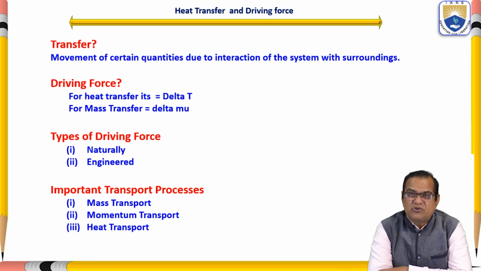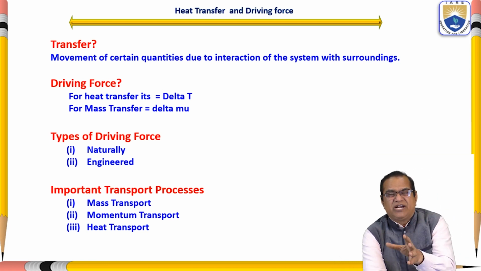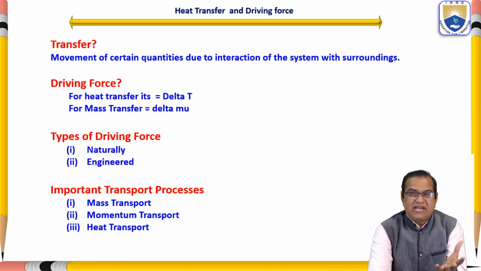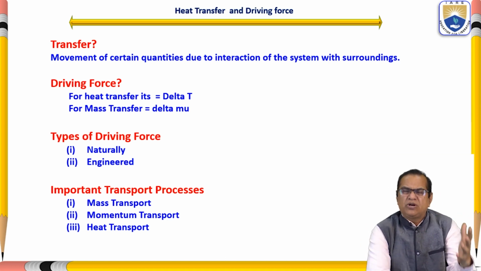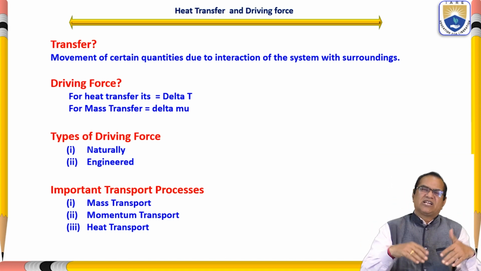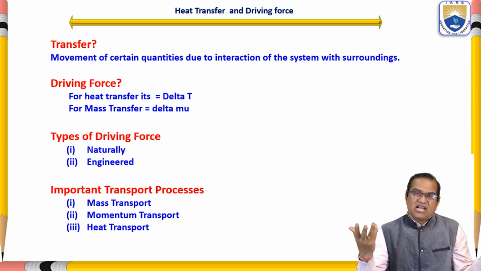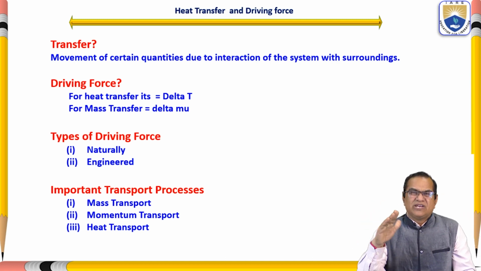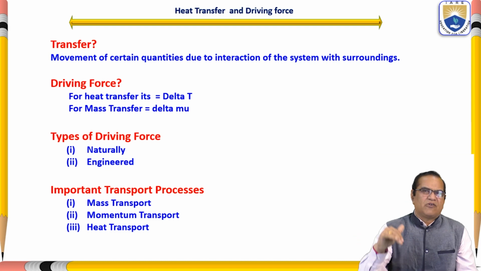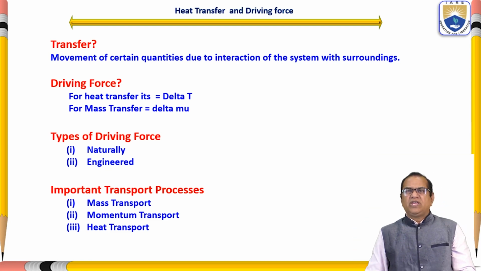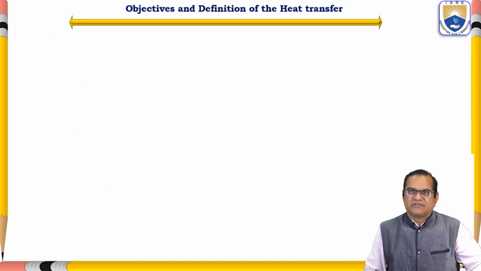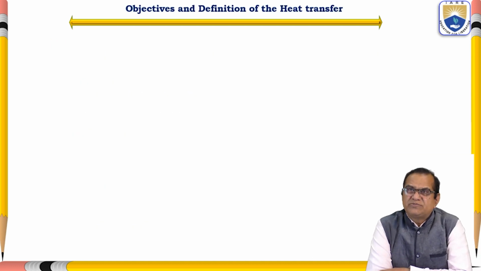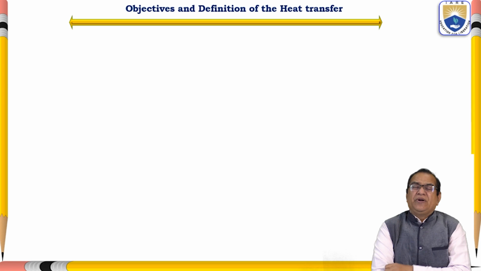One is mass transport: mass is transferred from system to surroundings or surroundings to system, and momentum is transferred from system to surroundings and surroundings to system. In the same way, heat is also energy, so energy transfers from system to surroundings or from surroundings to system. So we have these three important transport processes. Next, the objective and definition of heat transfer.